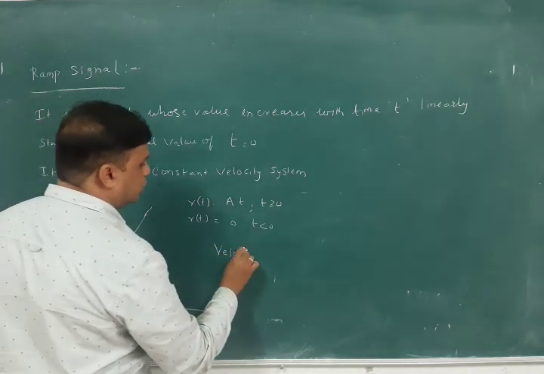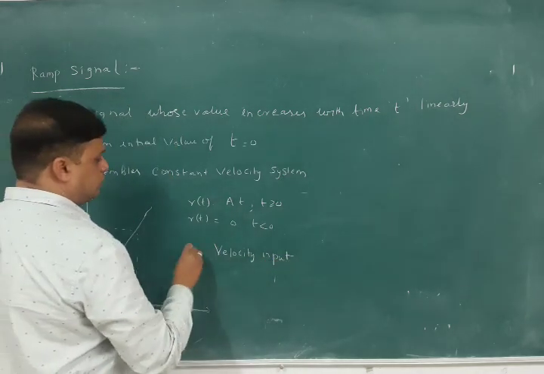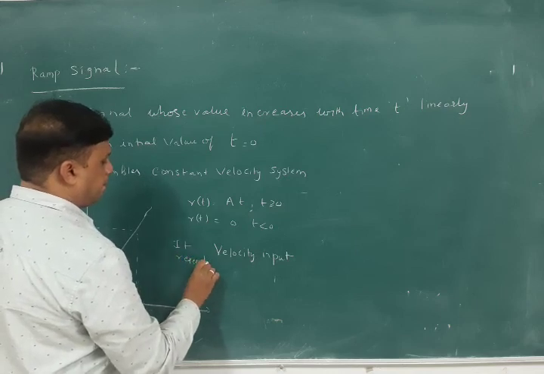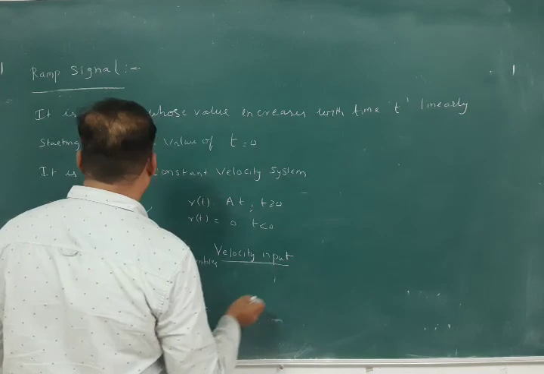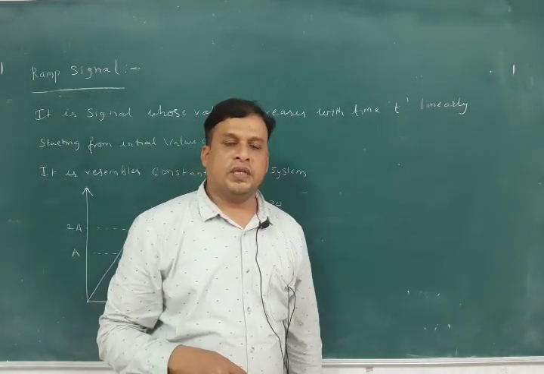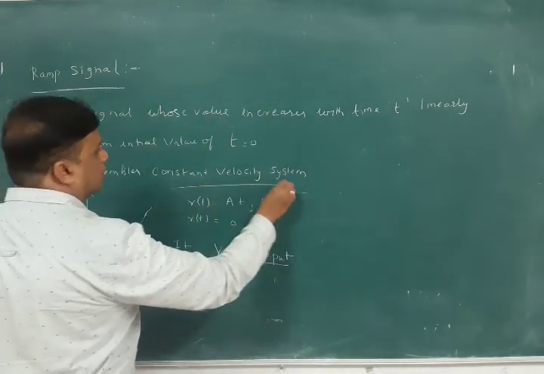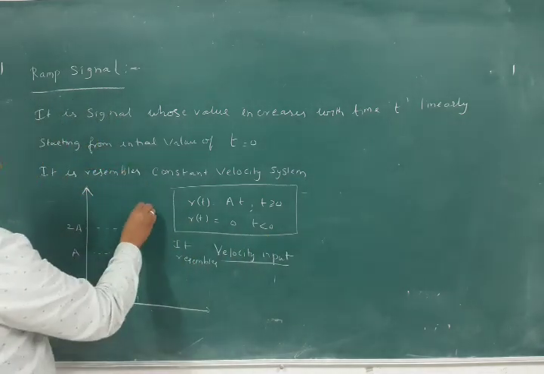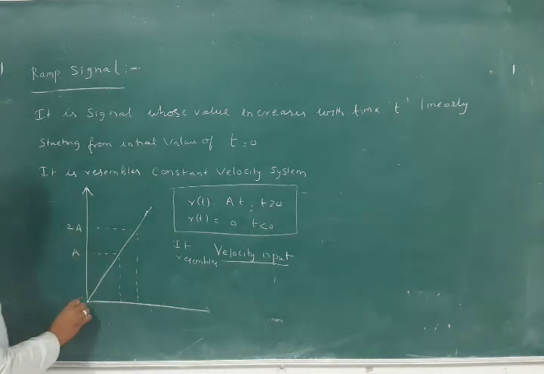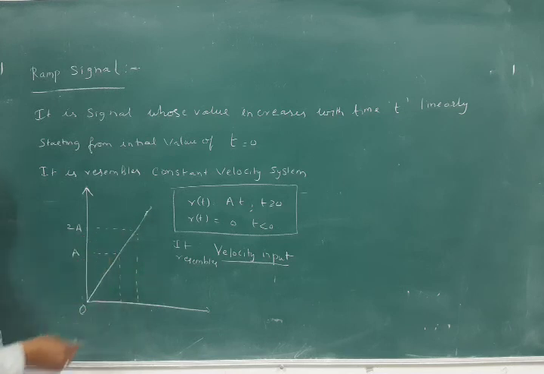So the ramp input or velocity input, they look similar. This is about the ramp signal and its mathematical expression. It changes from 0, and as time progresses, it increases its value.